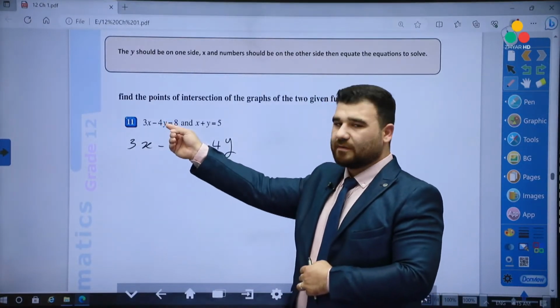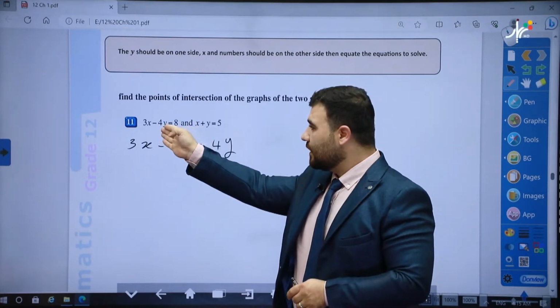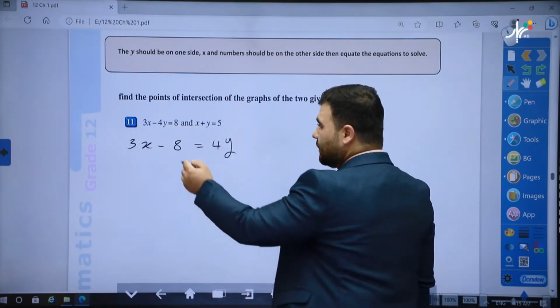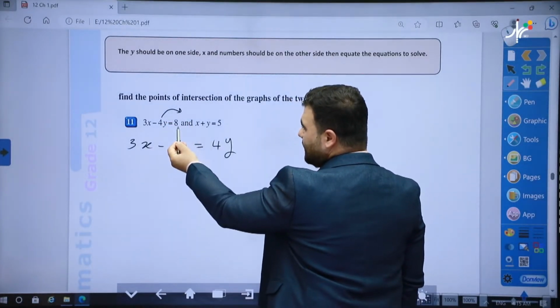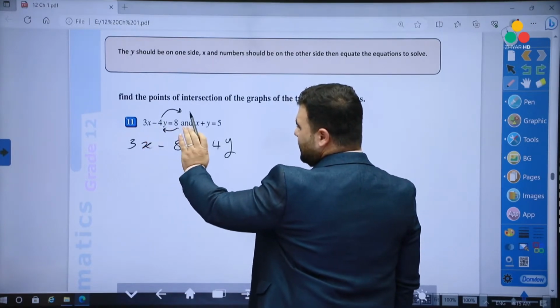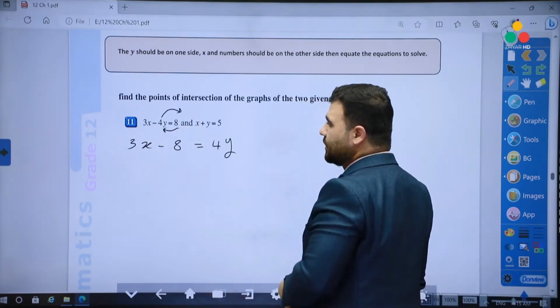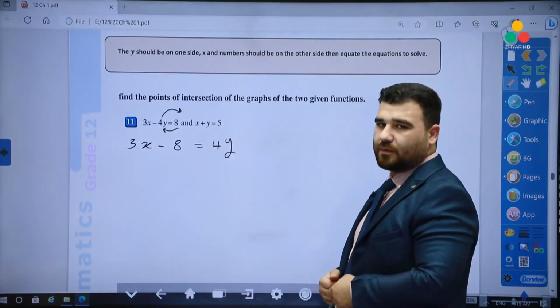Because y is negative, I want to have y as positive because it's easier to deal with. Then negative 4y goes to the other side, becomes positive 4y. 8 is positive, goes to the side, becomes negative 8. 3x is in its place. This is why no change happened to 3x. Now I have 3x minus 8 equal to 4y.